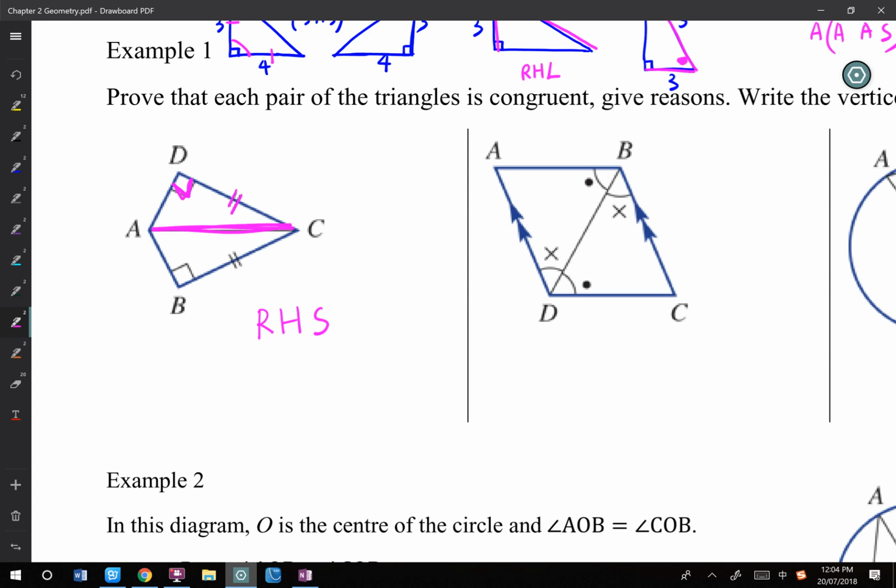Another thing I want to tell you is we are quite strict on how to write the statement. Like ADC and ABC, they are congruent triangles. But when we write the 2 triangles, we need to write things in a particular order, like the corresponding point must be at the correct place.